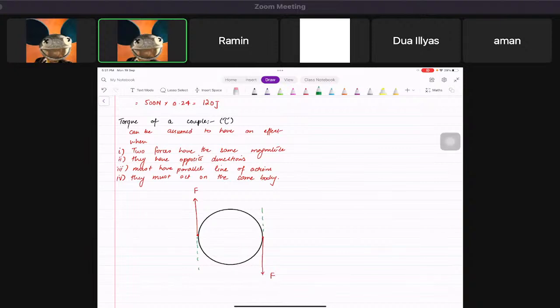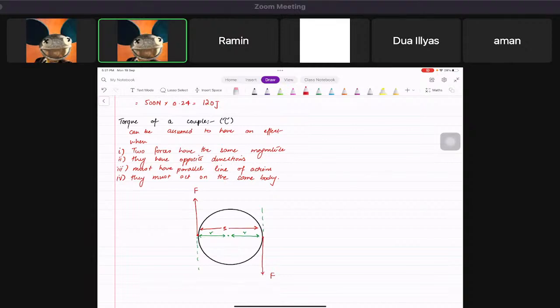So basically, if this is the center, a distance r from here and a distance r from here, they're acting, right? This is clearly the center, something like that. Okay. And the total distance is basically this s. Now, what I want to tell you is that it's a torque of a couple, which means two forces, right?